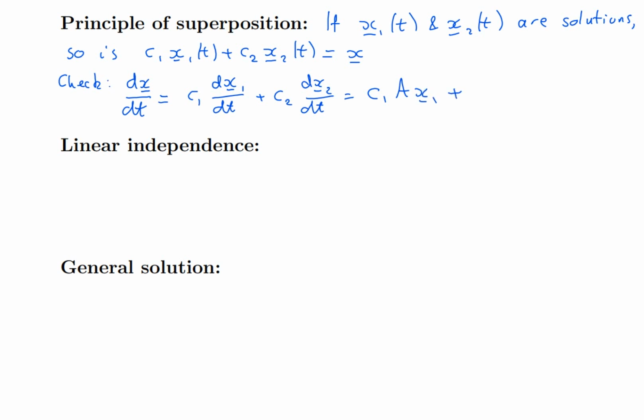And x2 is a solution, so dx2/dt is Ax2. Rearrange that and I get A times (c1 x1 plus c2 x2), that's Ax. So this is the power of the matrix approach. Very simple calculations using matrix algebra give you very powerful and general conclusions.